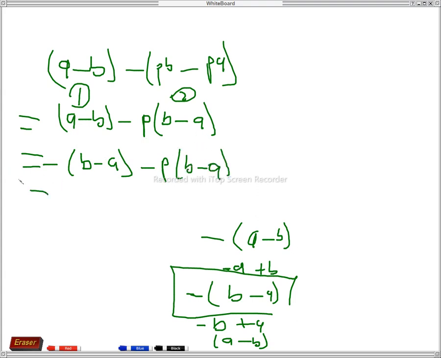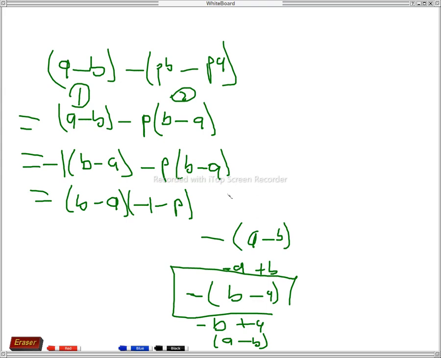So from here I have a common factor, so I can simply say b minus a. You still remember I told you we have 1 here, so I can simply say -1 minus p. So if you multiply these things, they should give you the original. So this is how we factorize, you understand.